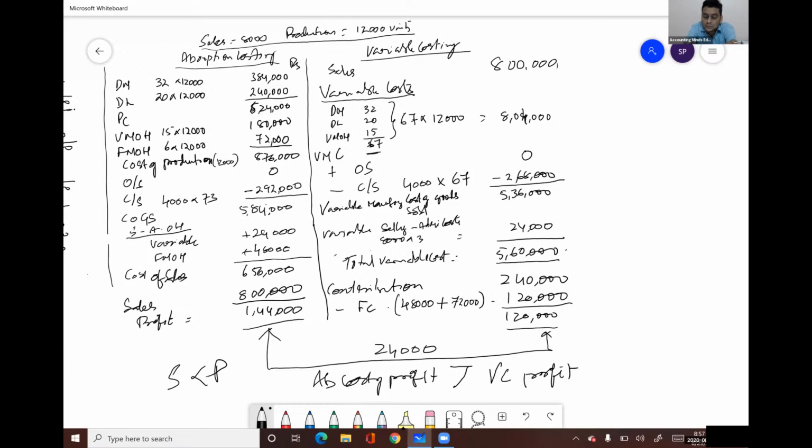Guys, you understood? Production is more, sales is less. Then which costing will show more profit? Absorption costing. And how much is the difference in this example? 24,000.